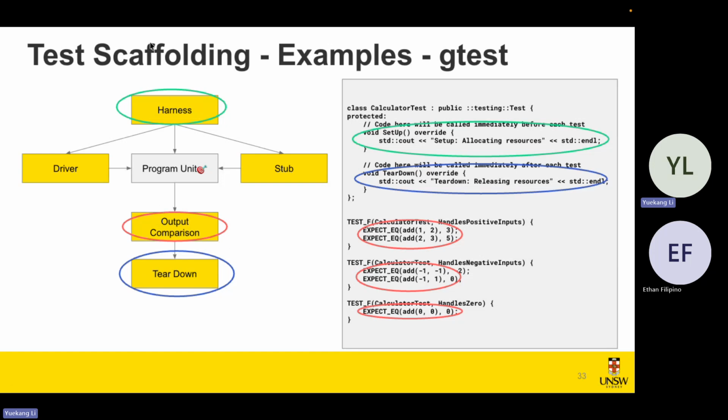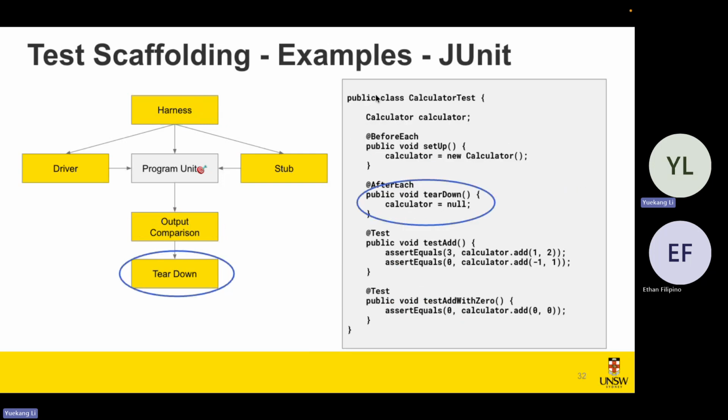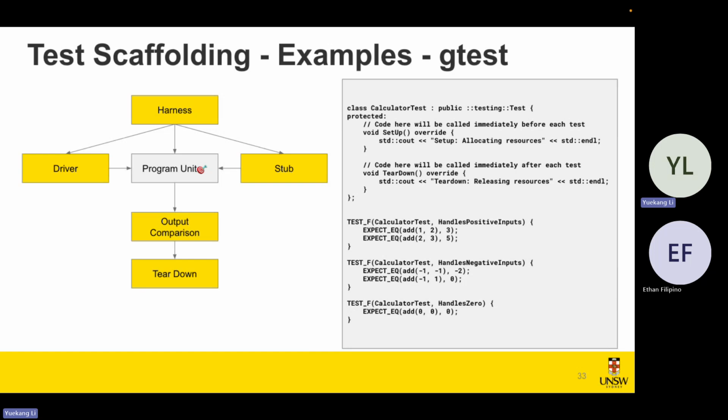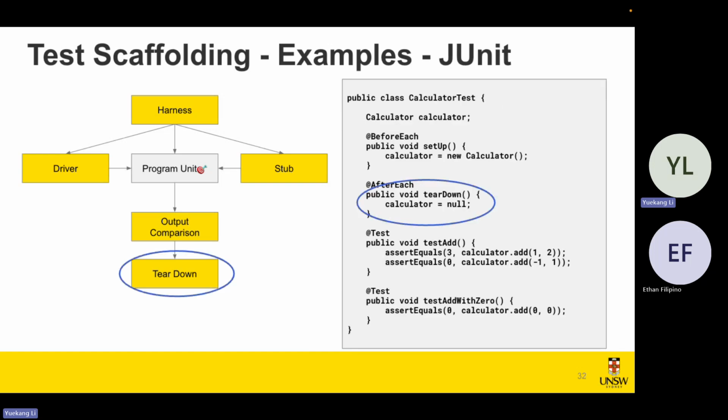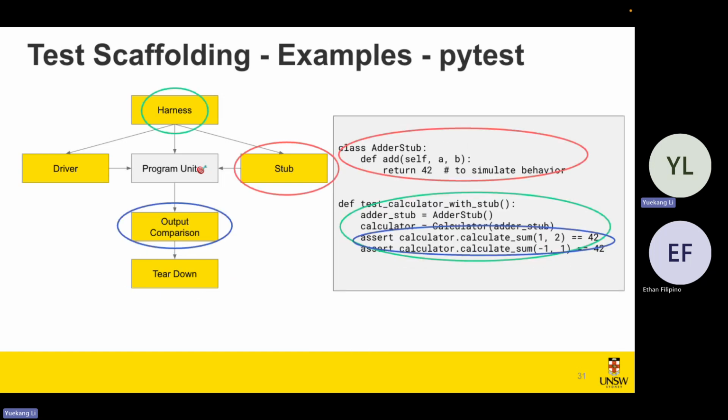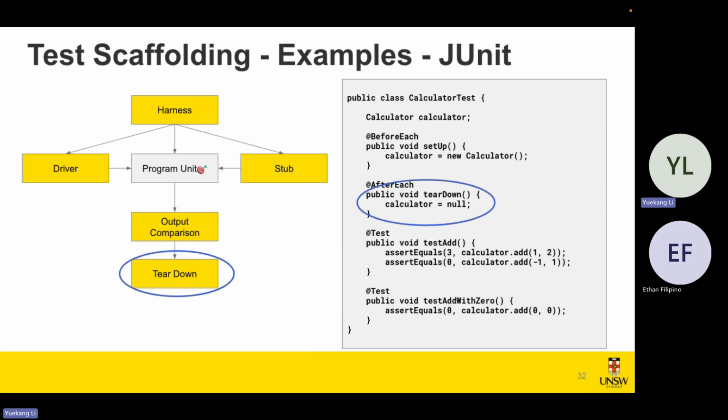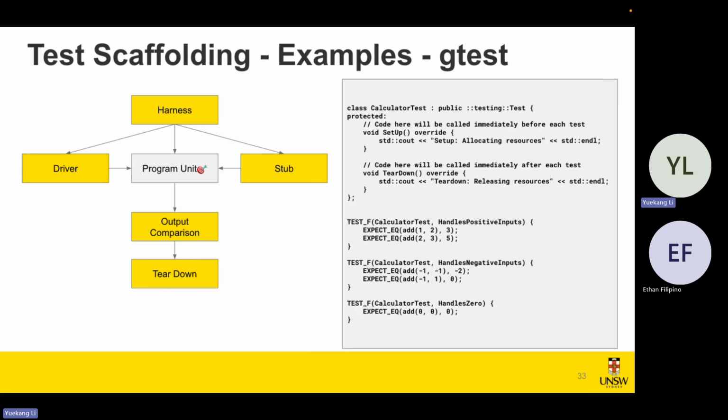And if you know this structure, you don't have to memorize all the different grammars, because all of them are kind of the same, as you can see here. For gtest, they have setup and teardown. For JUnit, they have setup and teardown. For PyTest, it's also very similar. So you don't have to memorize all the grammar, you just need to know the structure.